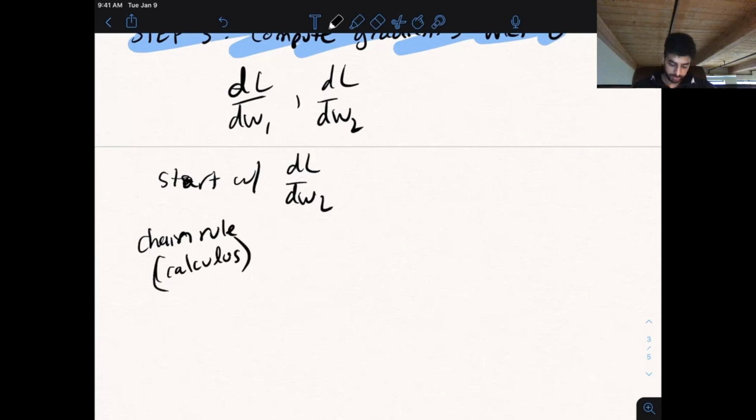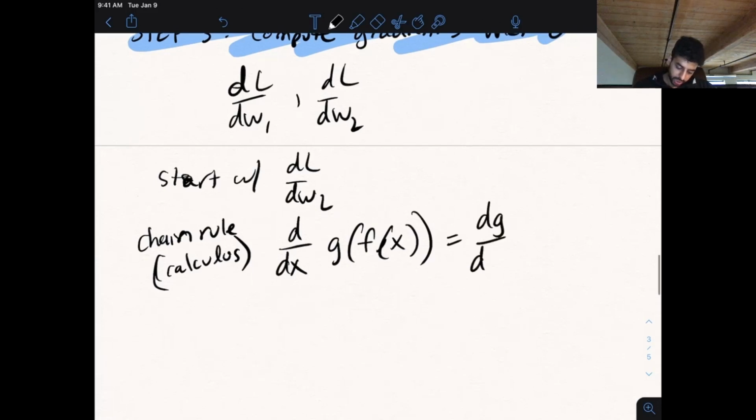For those of you who have forgotten, it says that if I want to differentiate a function that is composed of two functions, g of f of x, with respect to x, this is equivalent to the derivative of g with respect to f, times the derivative of f with respect to x.